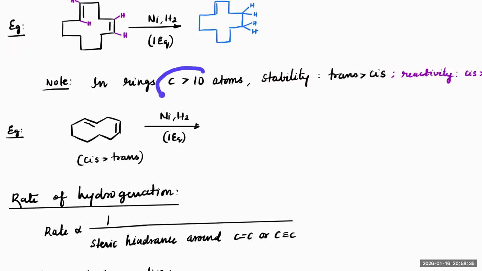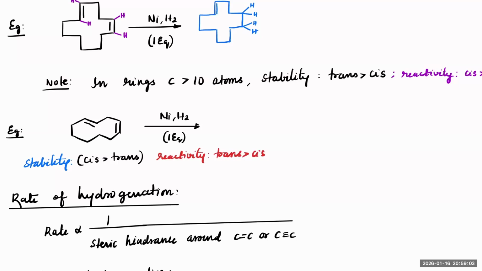Now, if you have carbon 10 or less than 10, in both cases, 10 or less than 10, then cis is more stable than trans. This is about stability. If this is the stability, then reactivity wise, if you notice, trans is more reactive than cis.